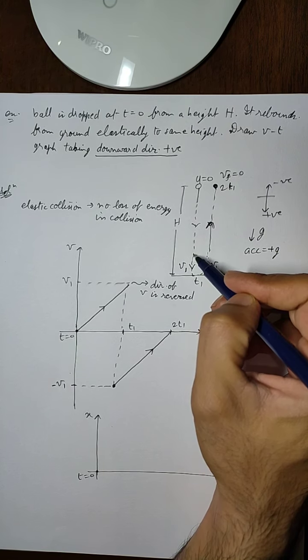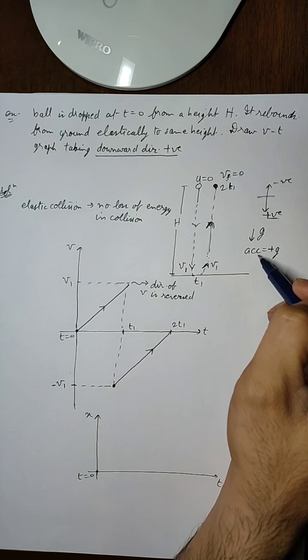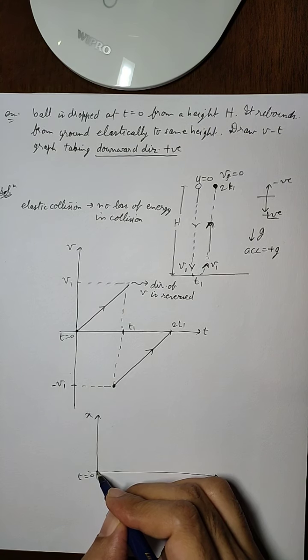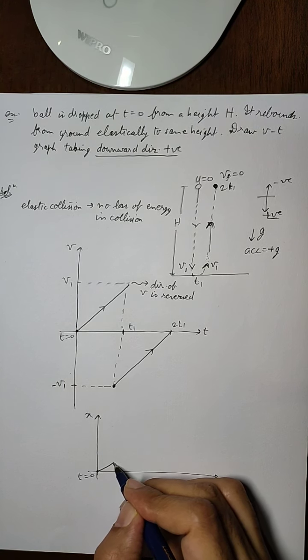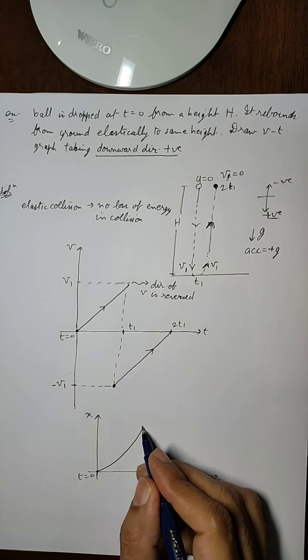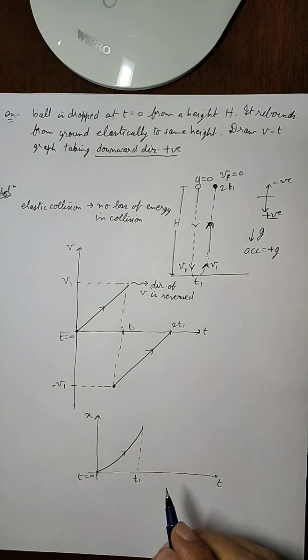The velocity is positive because downward direction is positive. So velocity is positive and acceleration is also positive. That means the motion is accelerated. So accelerated motion in displacement time graph, positive acceleration will be like this till it reaches this point t1.